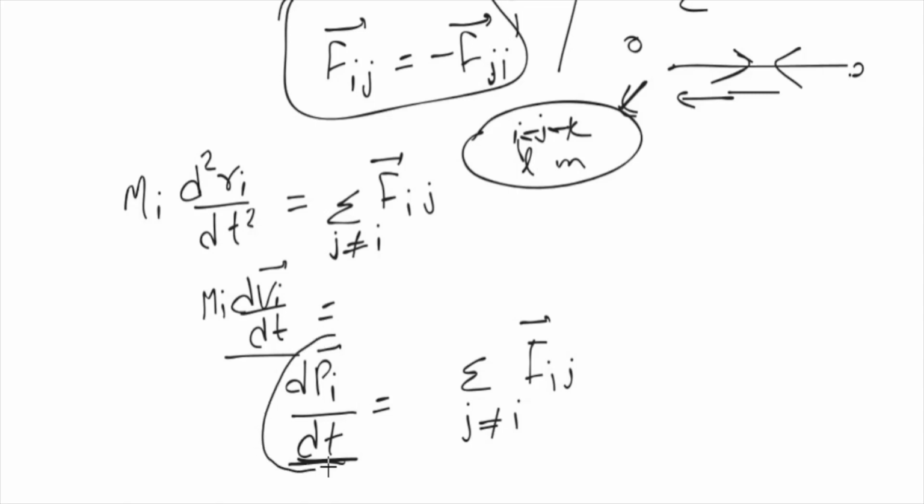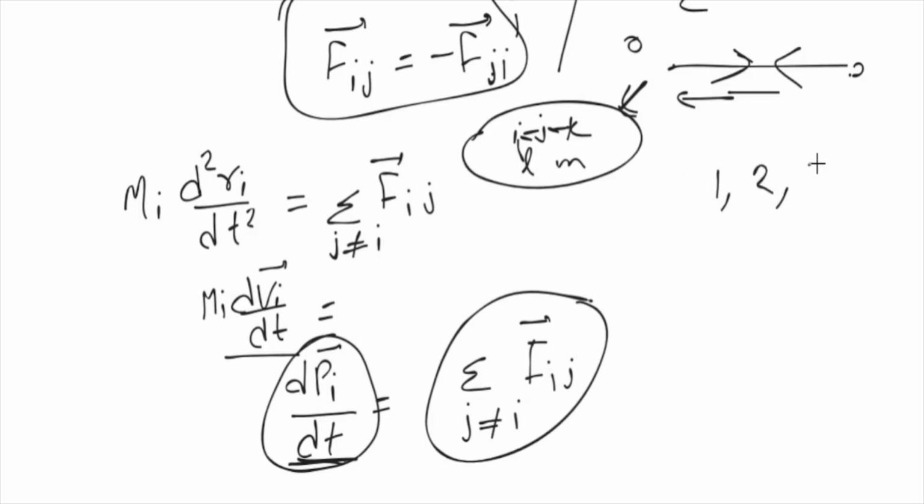What is this? This is the derivative of the momentum of the ith particle. And force is the derivative of momentum. So obviously this is the equation for each i, like 1, 2, 3, 4, up to however many particles there are.